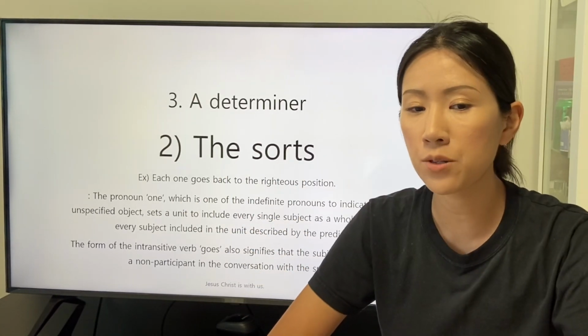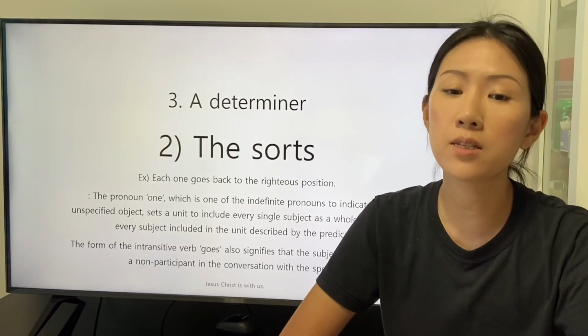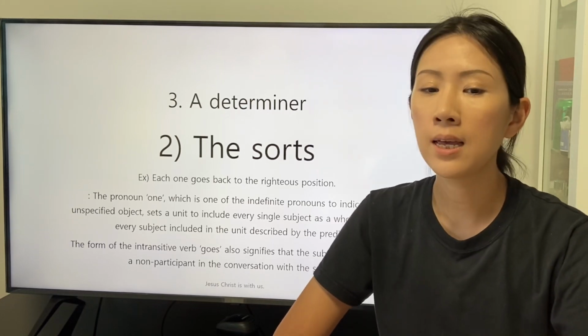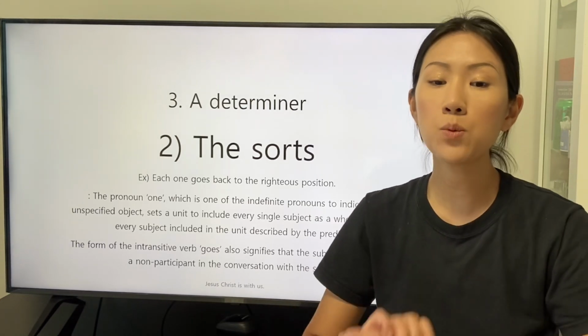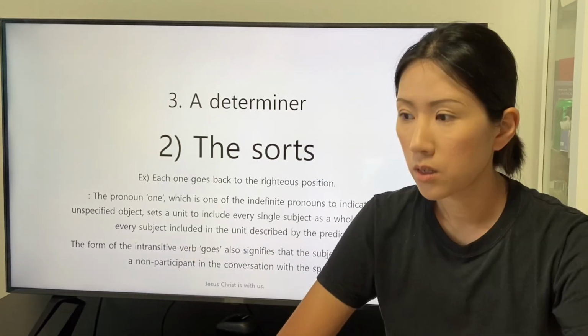The form of the intransitive verb goes also signifies that the subject of the clause is a non-participant in the conversation with the speaker.